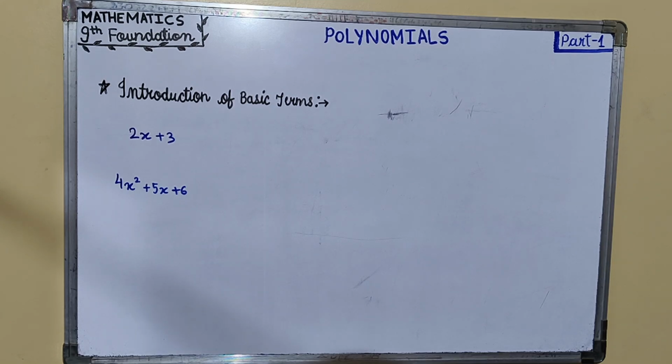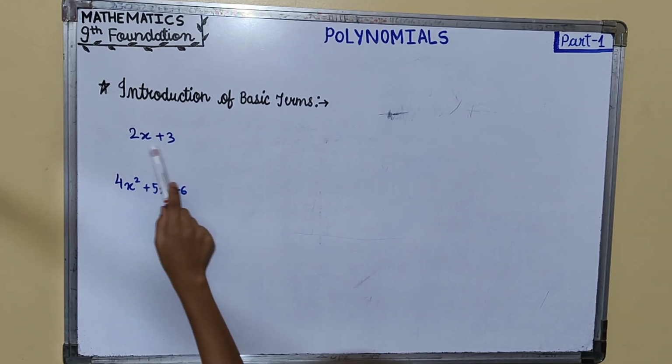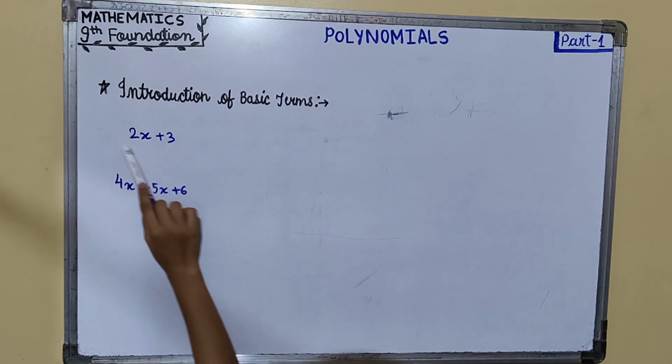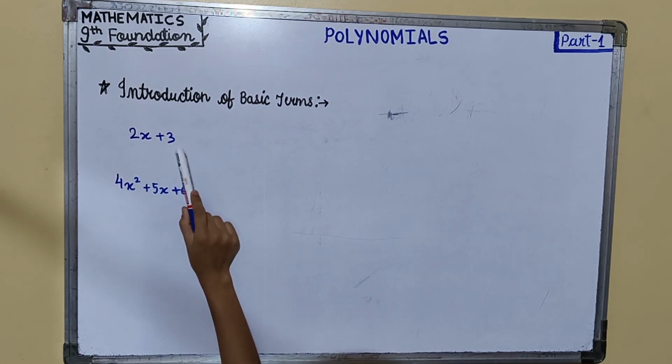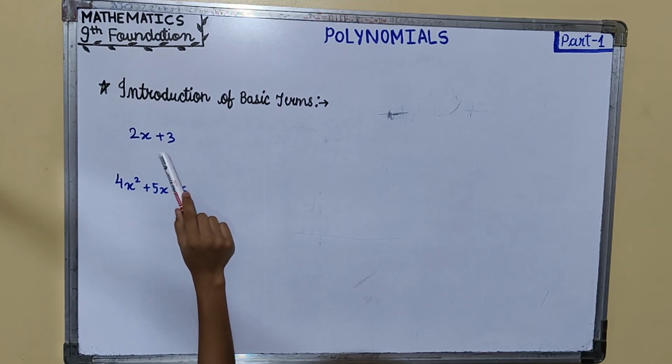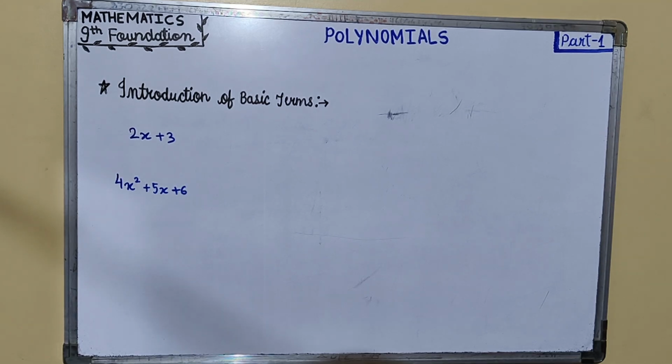Now what are expressions and equations? Let us consider this example again. An expression can be defined as a combination of coefficients, variables and constants.